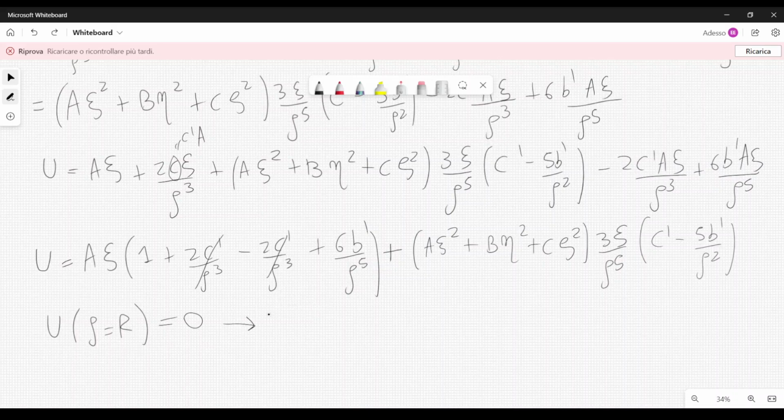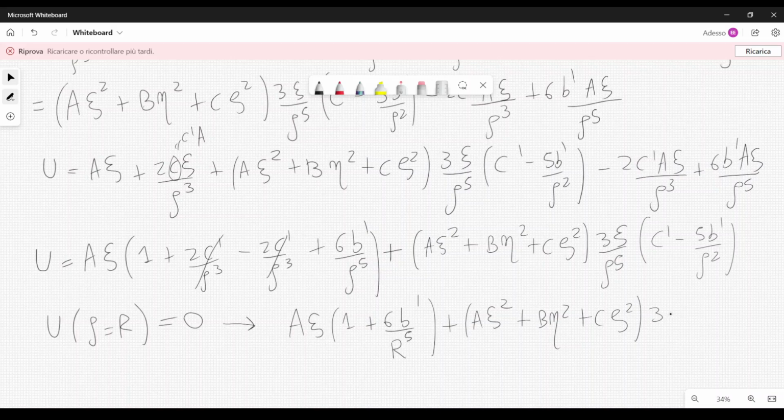And so the equation that we get is a times xi times 1 plus 6b prime over r to the fifth power plus a xi squared plus b eta squared plus c zeta squared times 3 xi over r to the fifth power times c prime minus 5 b prime over r squared.